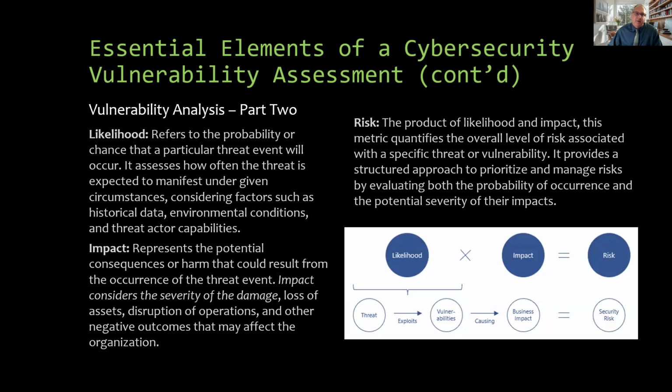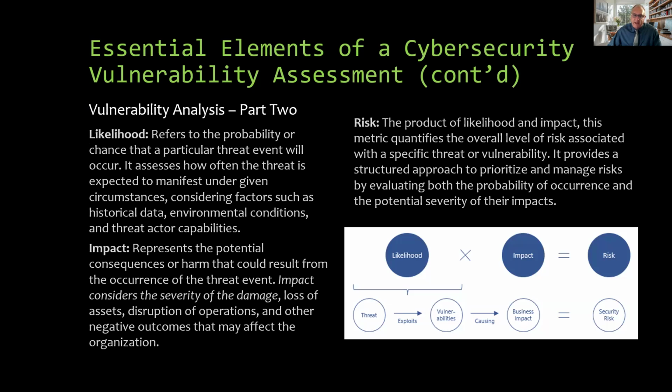Then the next stage of the vulnerability analysis is what's called determining the risk level. So the way you do that is likelihood of something being exploited times the impact will give you your overall security risk. So a vulnerability can be exploited by a threat.